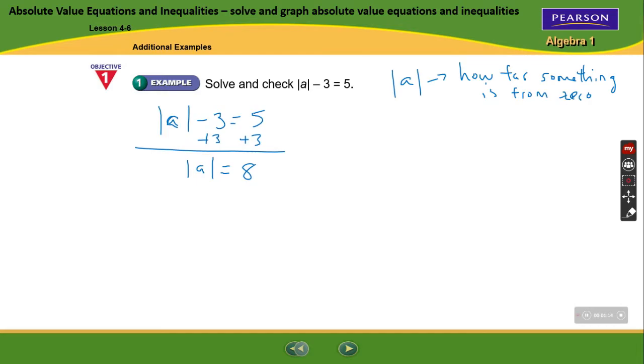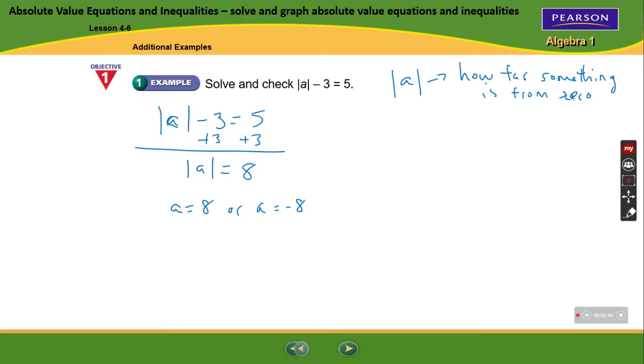There are two numbers that are 8 units away from 0: 8 and negative 8. Therefore, a could be 8 or a could be negative 8.